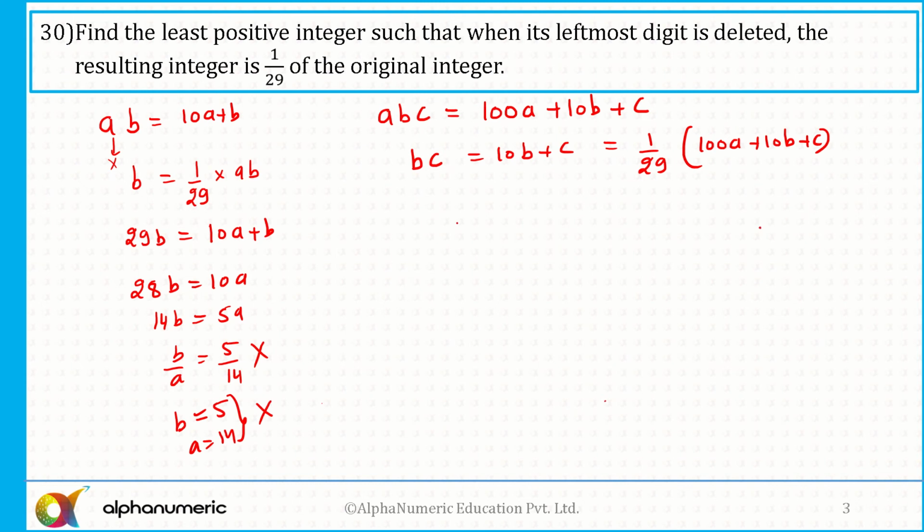Now cross multiply. I'll get 29 times (10B plus C) is equal to 100A plus (10B plus C).